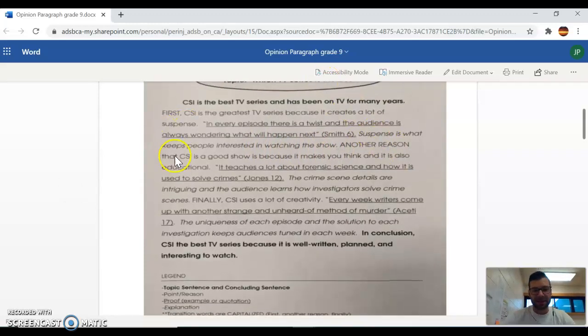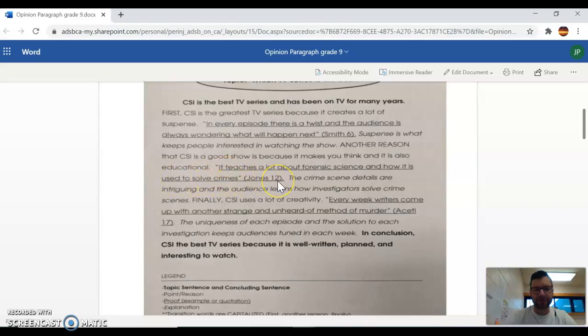Another reason that CSI is a good show is because it makes you think, and it is also educational. So here is the underlined proof or example or quotation. So let's see what proof this person writing this opinion paragraph has about how CSI is educational. It teaches a lot about forensic science and how it is used to solve crimes.